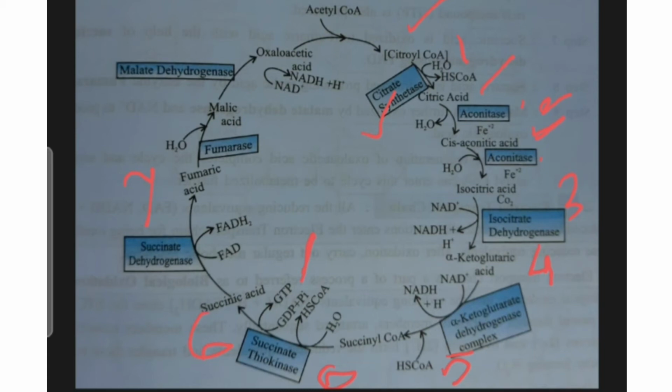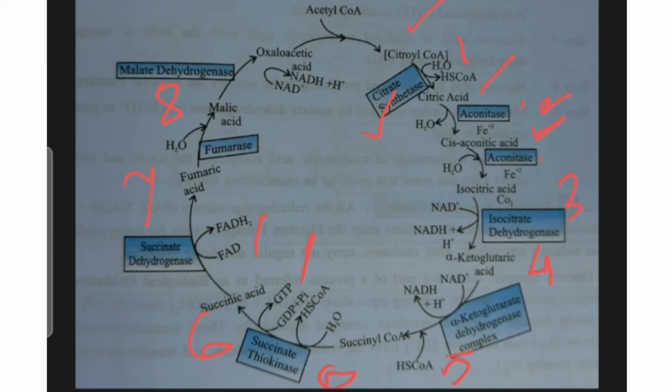Now we are going forward with the seventh reaction. In step number 7, the succinic acid is oxidized to fumaric acid with the help of succinate dehydrogenase using FAD. Here you can see the FAD is going and producing FADH2. Now the 8th reaction, the malic acid production. Fumaric acid is hydrated, producing malic acid by the enzyme fumarase.